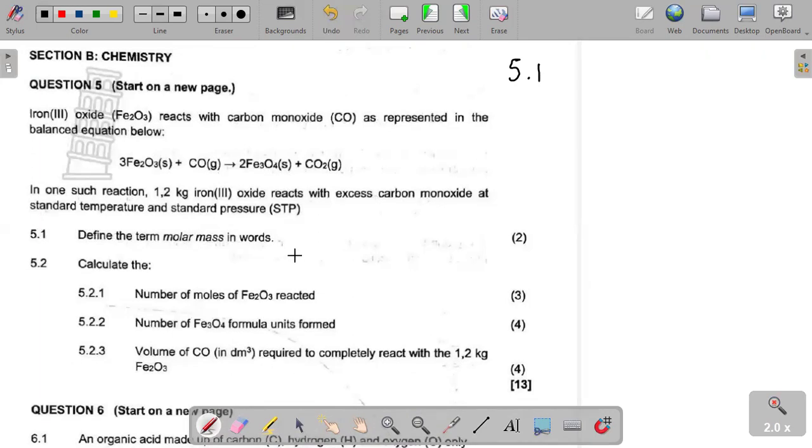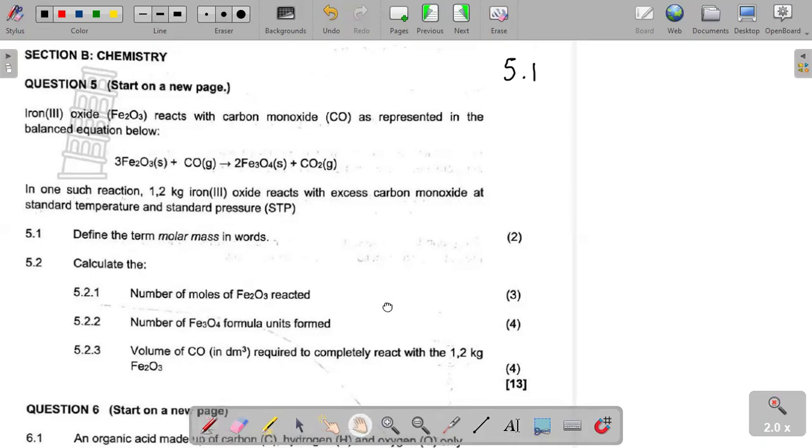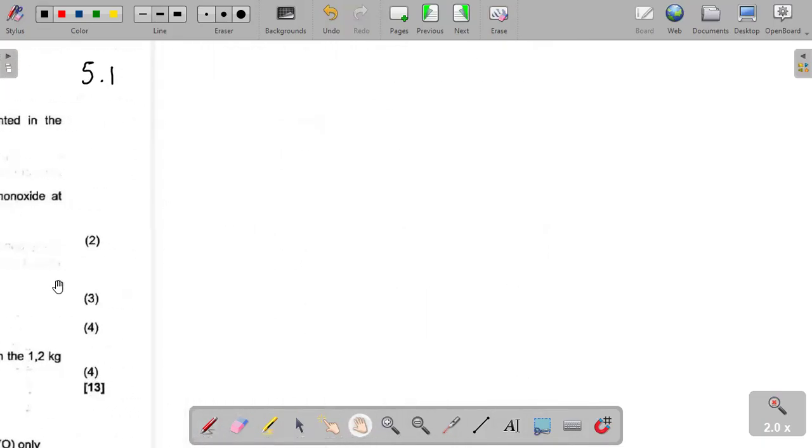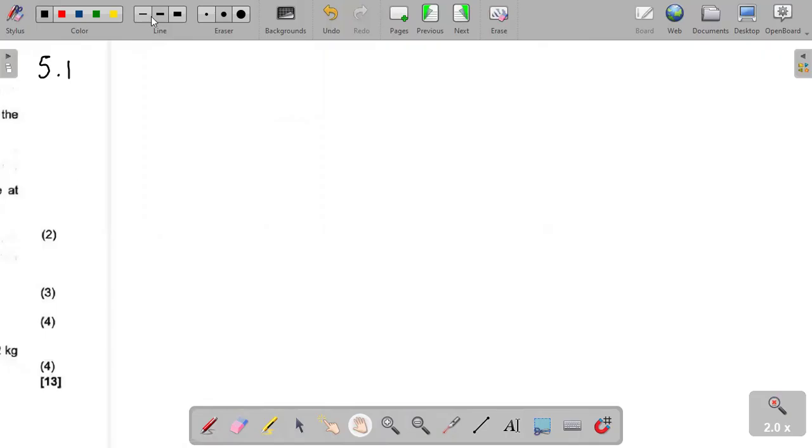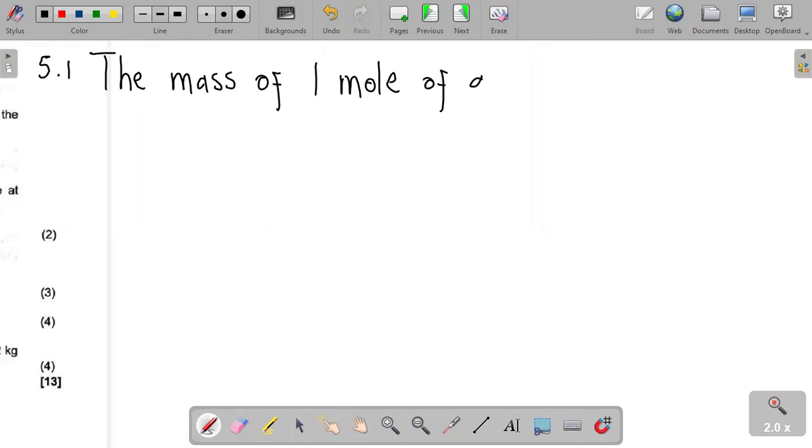Okay, so molar mass, this is according to definition. It's not difficult. Molar mass is the mass of 1 mole of a substance.